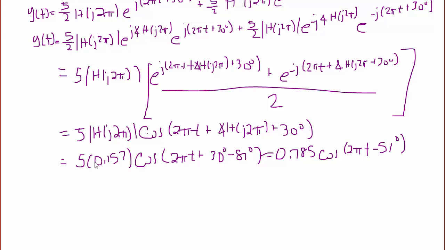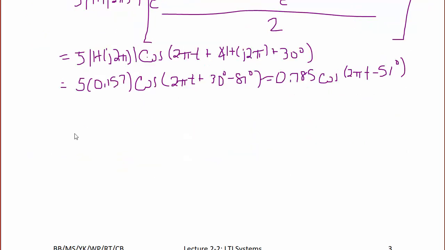So the response of an LTI system to a sinusoid must be a sinusoid at the same frequency, although the magnitude and the phase may be different. Now I'm going to rewrite y of t by using Euler's identity so that I can make the magnitude and the phase spectrum, so we can take a look at those.